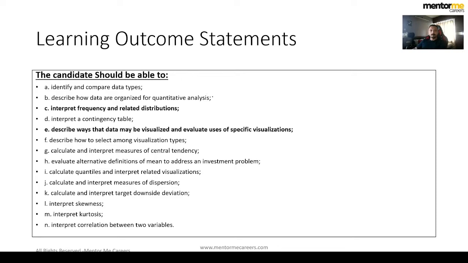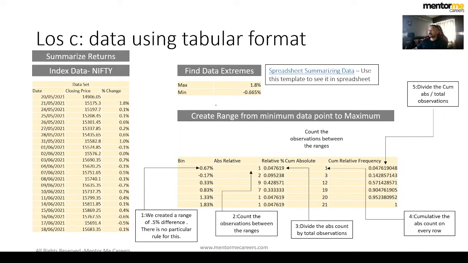Then it will become something that you will appreciate, okay? So again, I'm sticking to the Nifty data, okay? I've also attached a spreadsheet which I will show you, but if you want to refer to it, you can definitely refer to it in the PPTs itself that you get with Mentor Me classes.